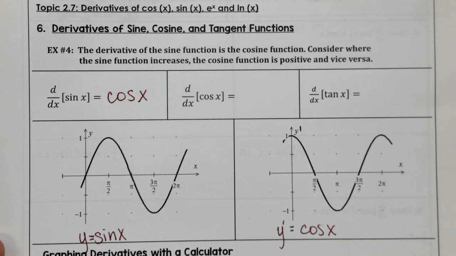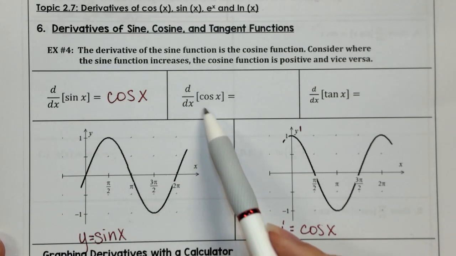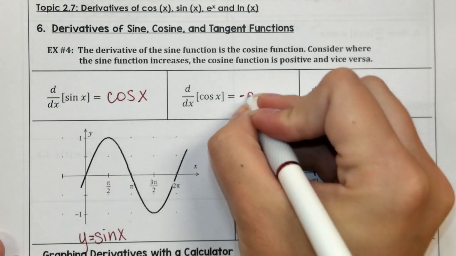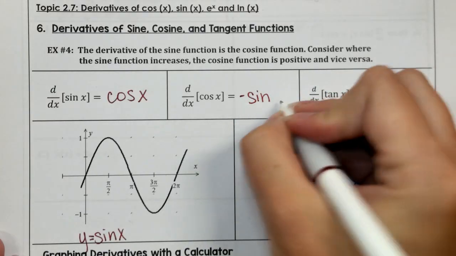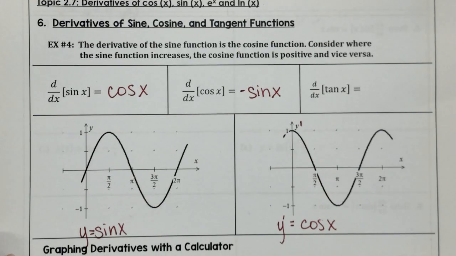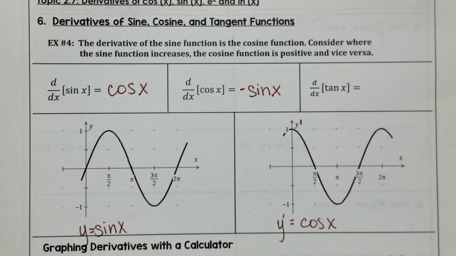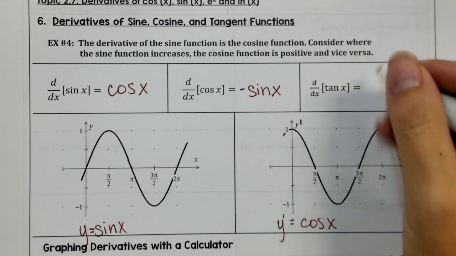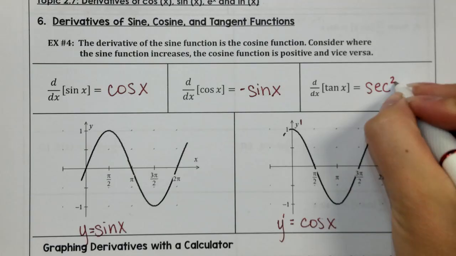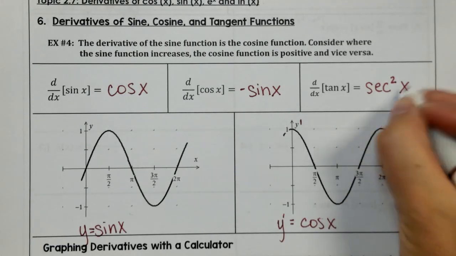Okay. Anytime you're taking the derivative of the cosine of x, that is going to be negative sine of x. And when you take the derivative of the tangent of x, or tan of x, then you're going to be getting secant squared of x.